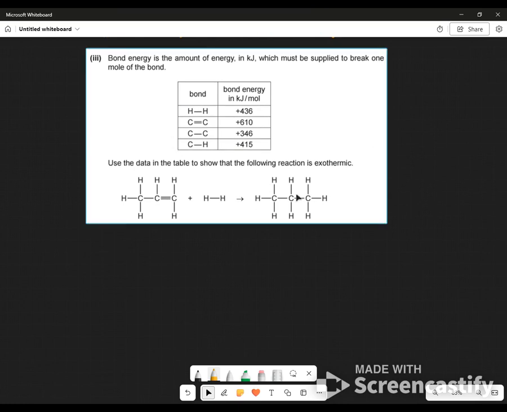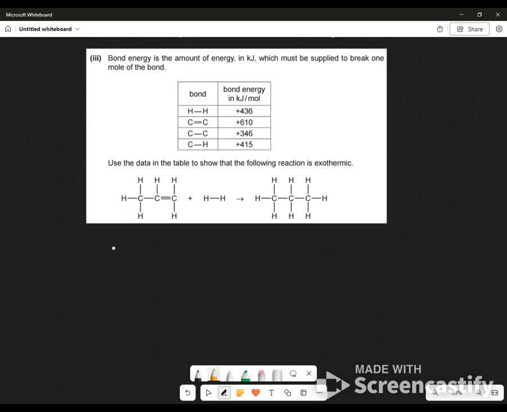Bond energy is the amount of energy in kilojoules which must be supplied to break 1 mole of the bond. Use data in the table to show the following reaction is exothermic. Now, I'm going to break all the bonds. What bonds do I have to break?